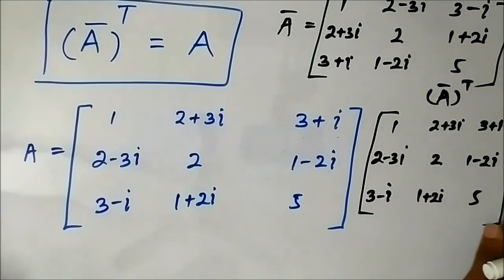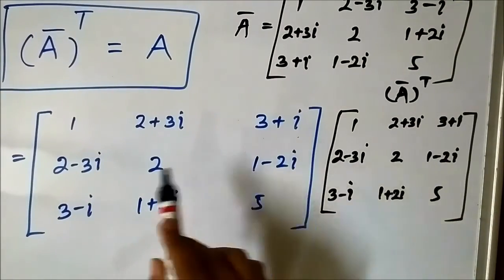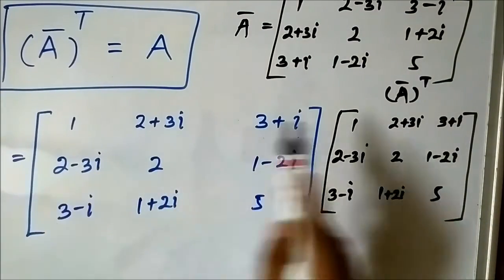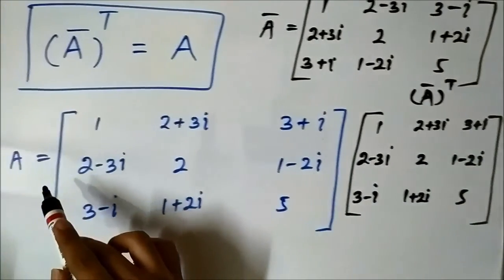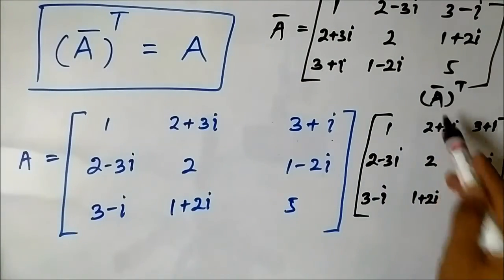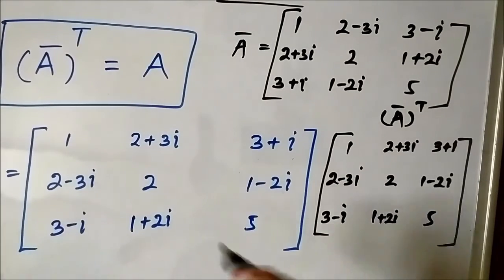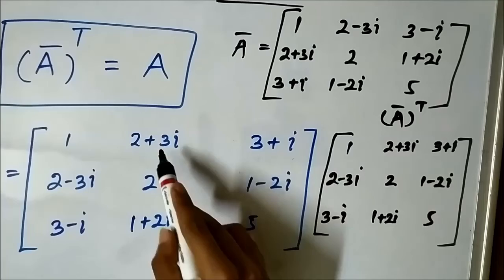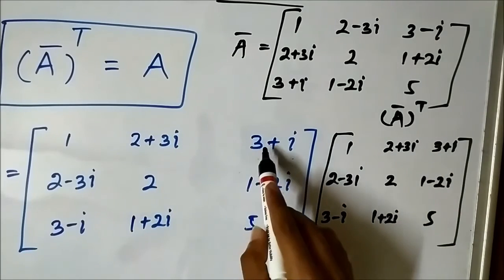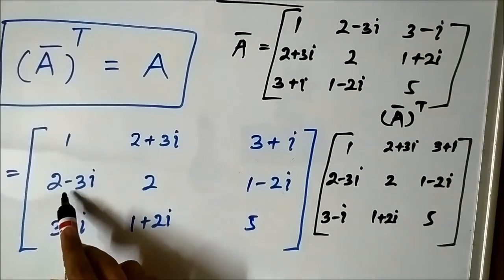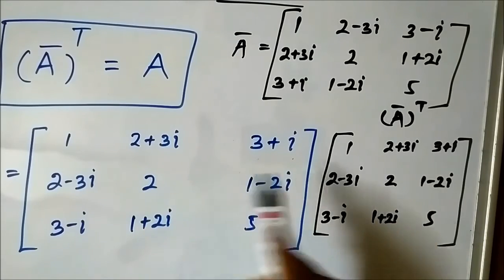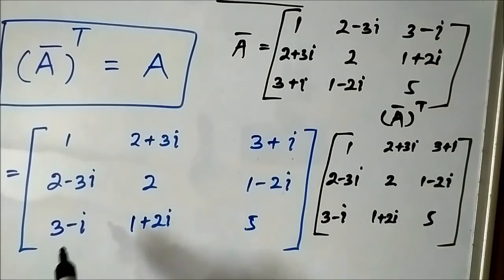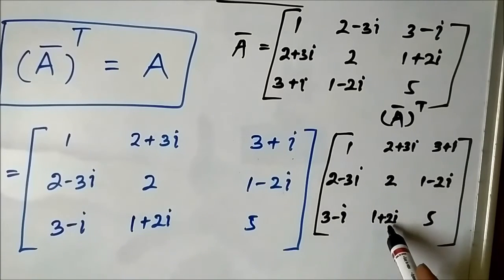Now if we compare these two matrices, A and A conjugate transpose, element by element, we'll see both of them are equal: 1 and 1, 2 plus 3i and 2 plus 3i, 3 plus i and 3 plus i, 2 minus 3i and 2 minus 3i, 2 and 2, 1 minus 2i and 1 minus 2i, 3 minus i and 3 minus i, 1 plus 2i and 1 plus 2i, 5 and 5.